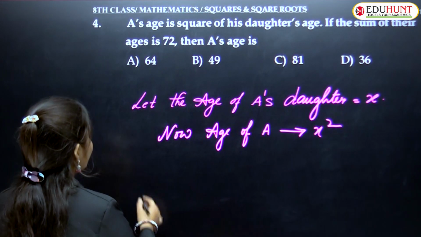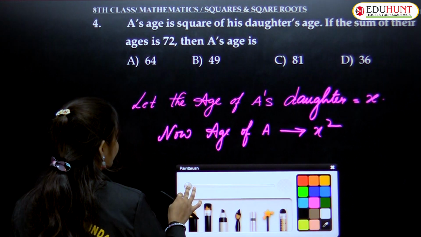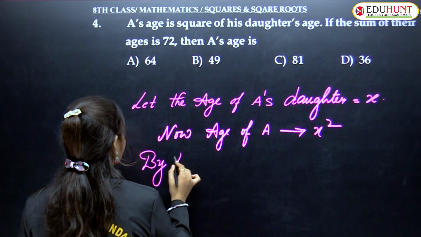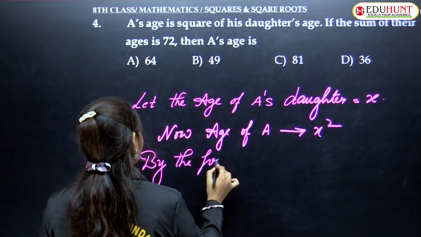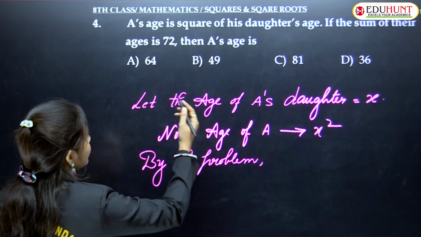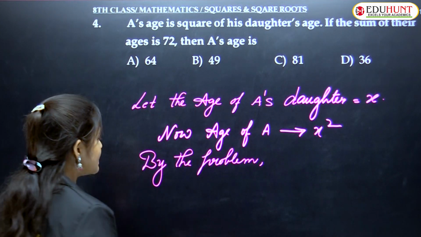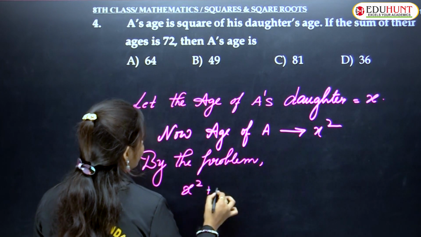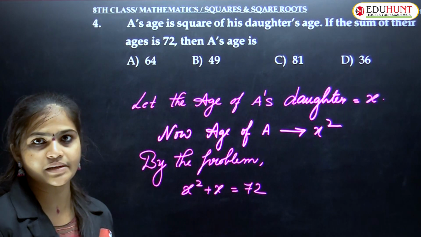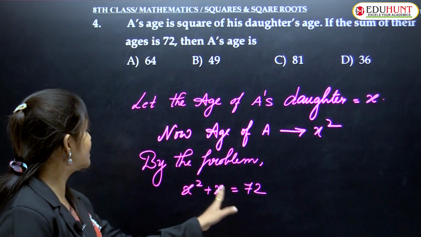So by the problem, see here, the sum of their ages, so x square plus x is equal to 72. So this is the given condition. Understand? So just observe this one, children.